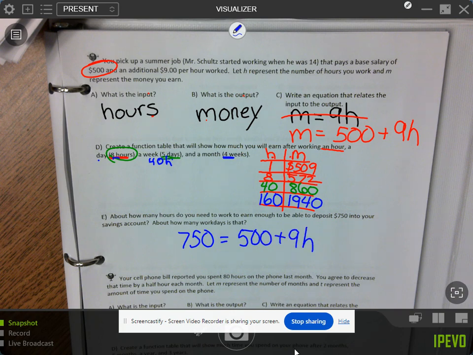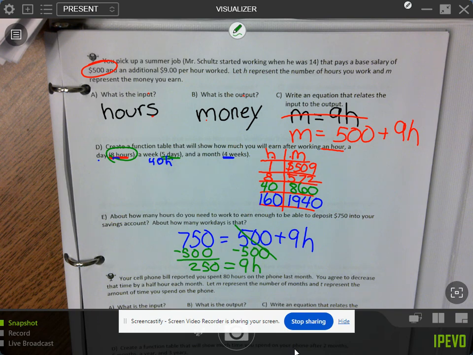When we do our two-step operation, we're doing it backwards, the order of operations. So we have to subtract 500 first from both sides. So that gives me 250. 500 minus 500, we zero out. So 250 equals 9H.